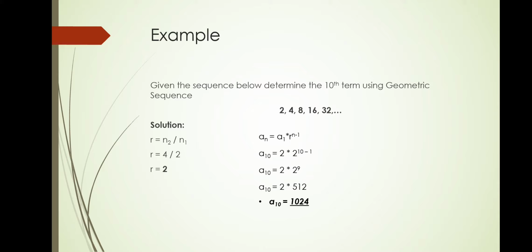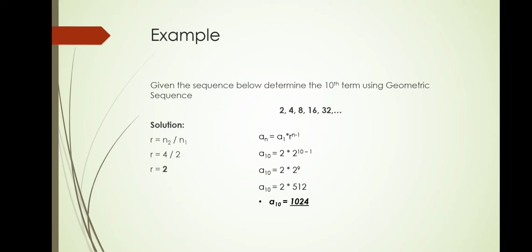Now we solve for the 10th term or the missing 10th element. The formula in getting the 10th term is a sub n is equal to a sub 1 times r raised to quantity n minus 1. Substituting the values, n is equals to 10 because we are looking for the missing element, which is the 10th term. So a sub 10 is equal to 2 times 2 raised to quantity 10 minus 1.